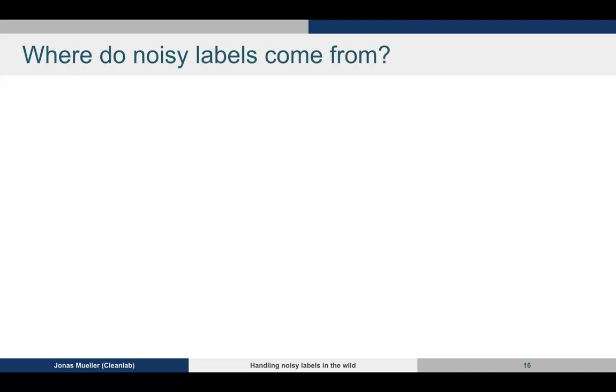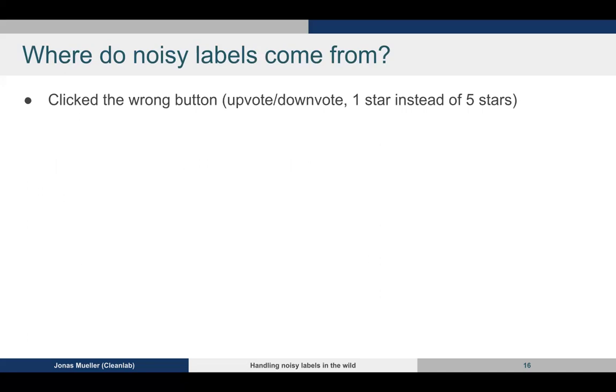Obviously the most natural question when we introduce probabilities like this is what kind of generative process is being assumed, and what kinds of processes are we thinking about when we're talking about incorrect labels. One obvious one is when somebody is clicking in some interface that's providing the label, they just click the wrong thing, just by chance. We see this in a lot of the review data sets that we've looked at, where you have text reviews, say, of products, and then some star rating for the product.